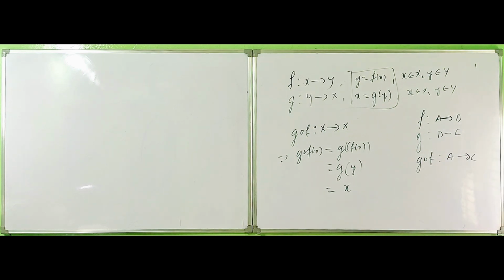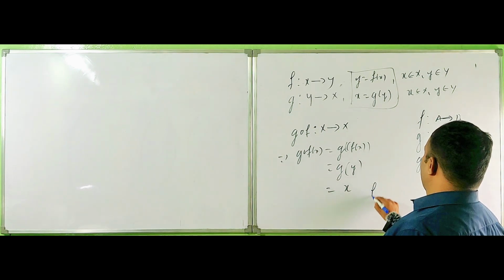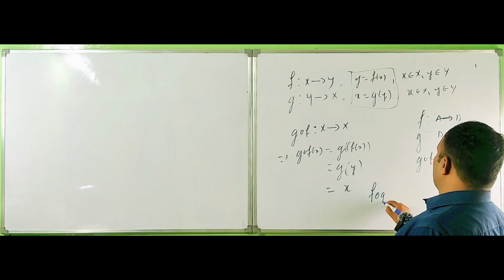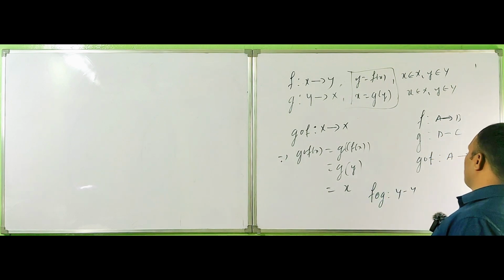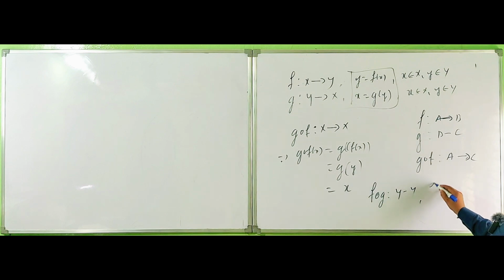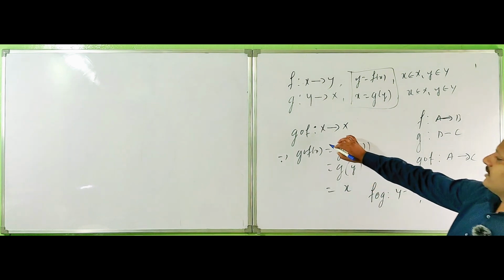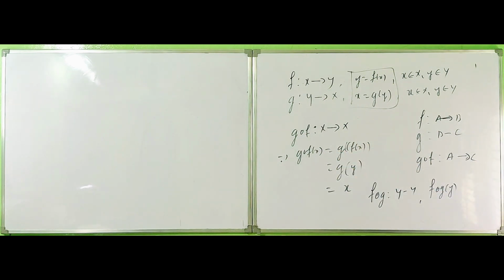Very important. Again, f composition g is a function from Y to Y. So how do we write this? f of g of y. This is the x, that's why I am taking x, and this is the y. So this is f of g of y.